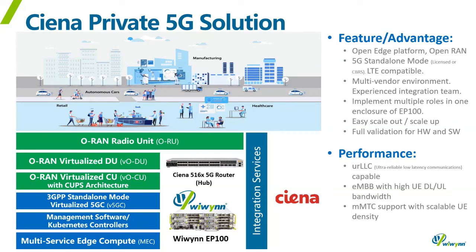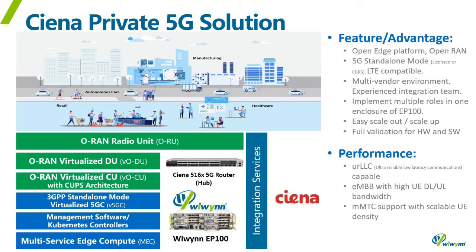The solution we have with Ciena is a highly integrated 5G edge solution containing an O-RAN radio unit, virtualized CU and DU, 5G core, MEC, and the management software. It is highly integrated, containing multiple roles in one system. It has all the bells and whistles if you are running a 5G trial or if you are ready to expand the scale.